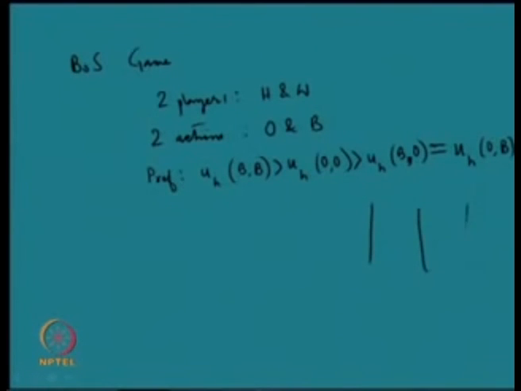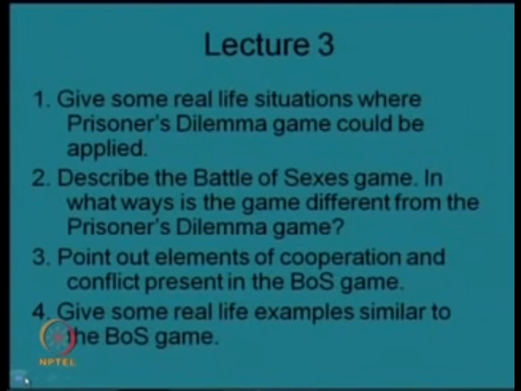So, the payoff matrix looks like the following. Let us call this the wife, the husband, and BO. Okay, I am going to answer the last part of this question. How is it different from the prisoner's dilemma game?